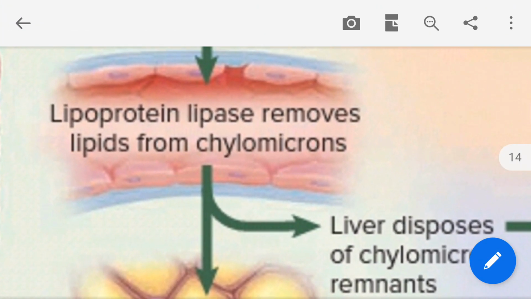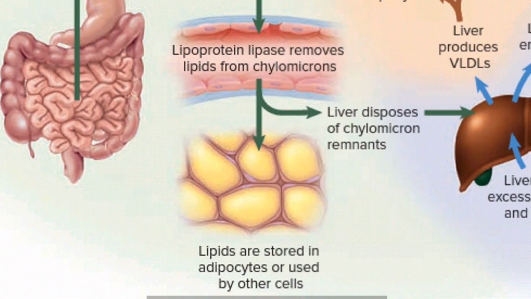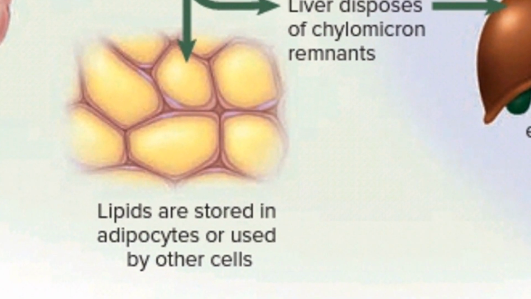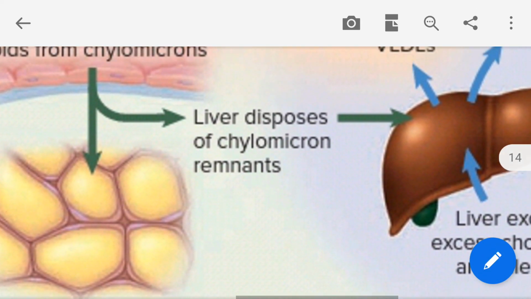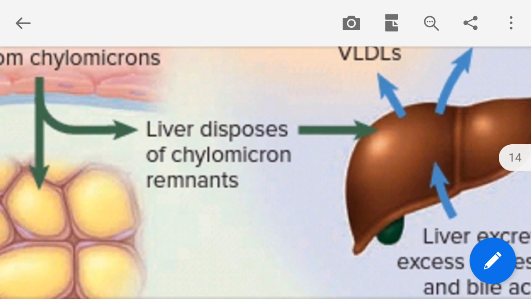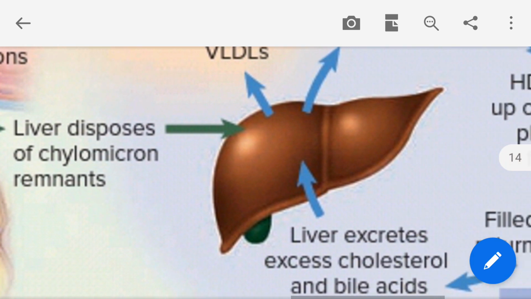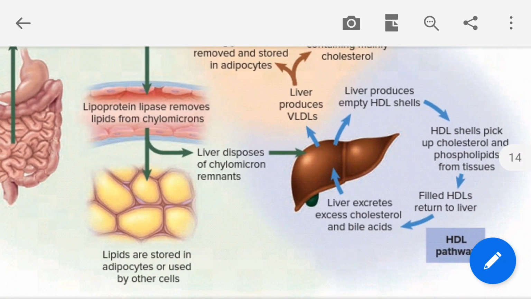See, in the blood, lipoprotein lipase enzyme removes lipids from chylomicron, and these lipids are stored into the adipose tissue, in the cells of adipose tissue, adipocytes. So lipids are stored in the adipocytes of the adipose tissue, and for excessive lipid, the liver disposes the chylomicron remnants, and then the lipids are entering into the liver.